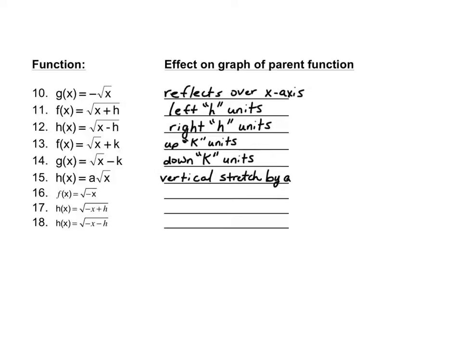If it's between 0 and 1, it tends to flatten it out. Okay, so that's a vertical stretch by a factor of A. Now, the negative underneath the radical causes a reflection over the y-axis.